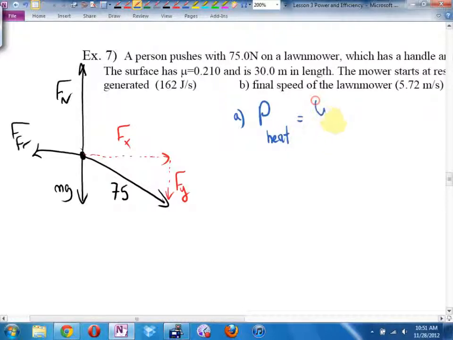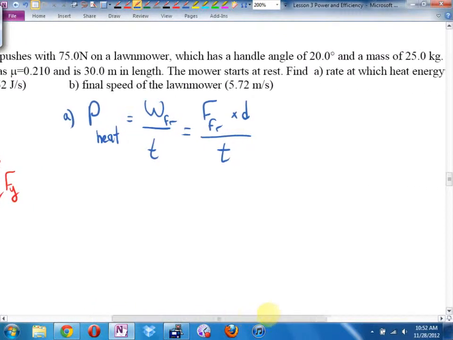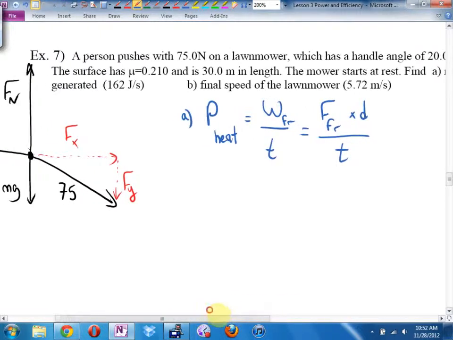So power is going to be work over time, where the work is going to be the work done by friction, because that's what generates heat. This is going to be the force of friction times the distance divided by the time. So far, so good.